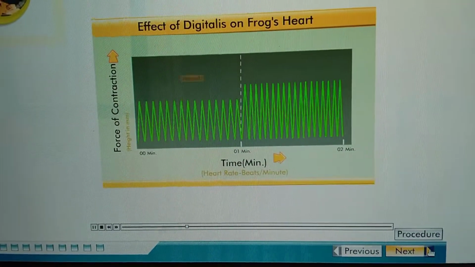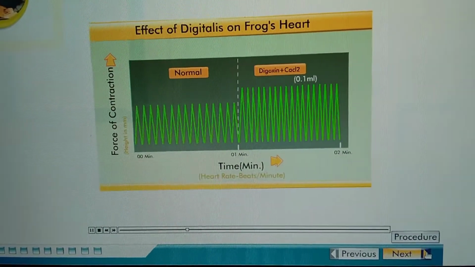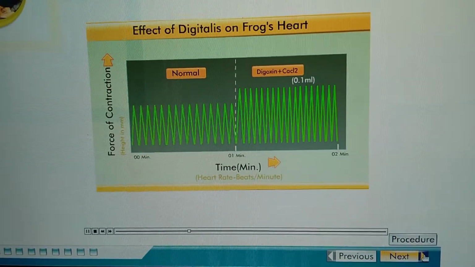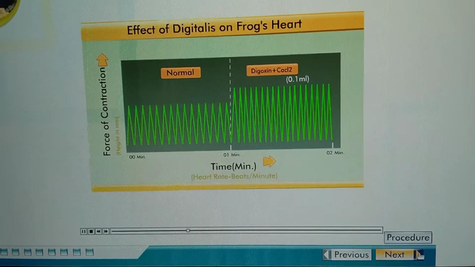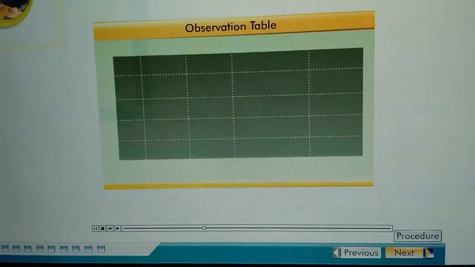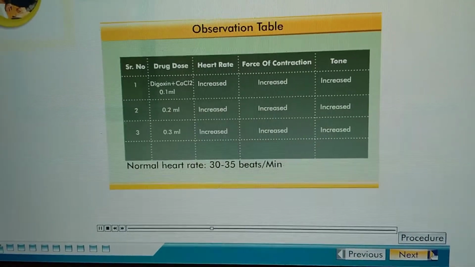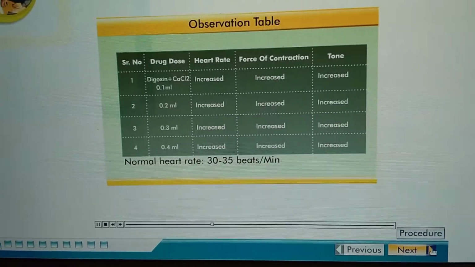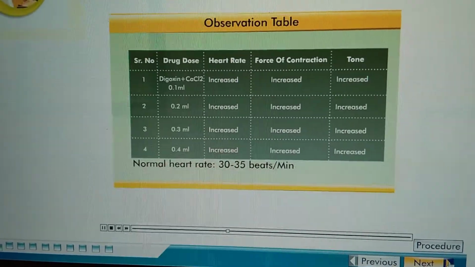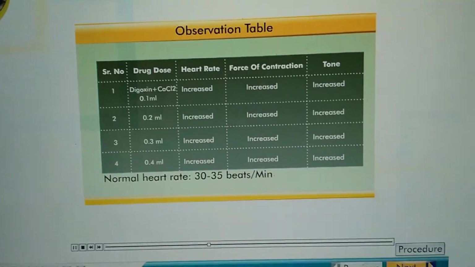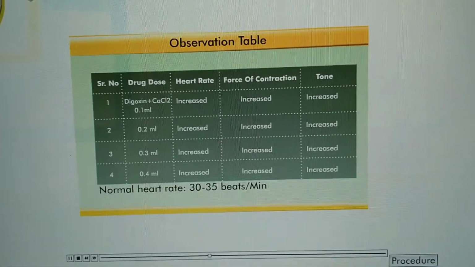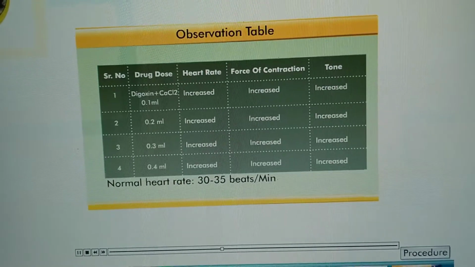You can see that the rate and force of contraction of heart and its rhythmicity is increased. Repeat the same with 0.2, 0.3 and 0.4 ml each of digoxin and calcium chloride solutions. You will notice a further increase in the cardiac activity.